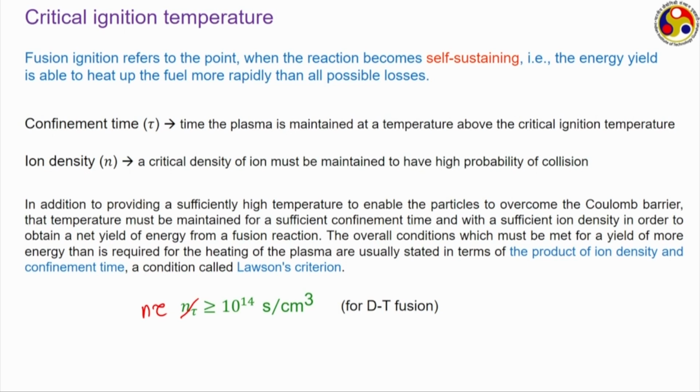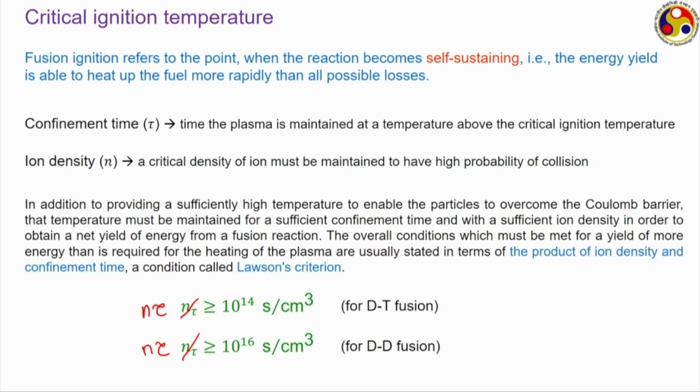This product n tau should be at least 10 to the power 14 seconds per centimeter cube, and for the DD reaction, again it is n tau, it should be greater than 10 to the power 16 seconds per centimeter cube.